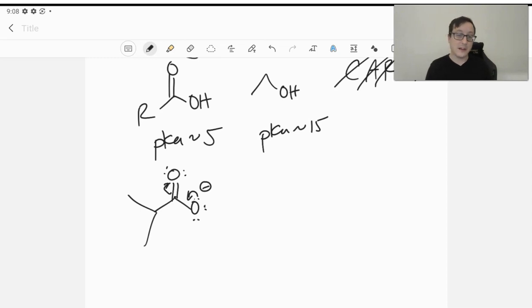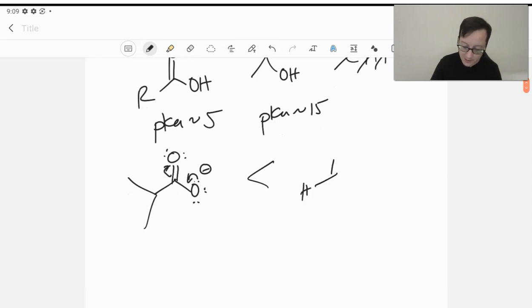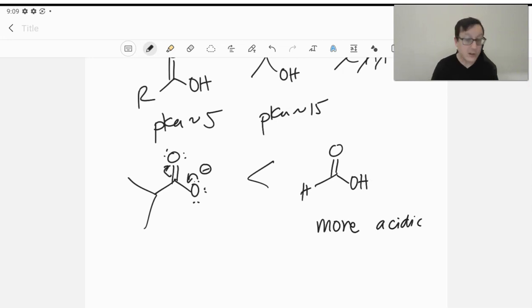And so we have electron density there. By putting electron donating groups on our carboxylic acid, we are destabilizing it. So this compound would be less acidic than something like formic acid, which has only the hydrogen here. This one would be more acidic, or have a lower pKa, whichever way you want to look at it, as this lone pair resonates into the carbonyl.